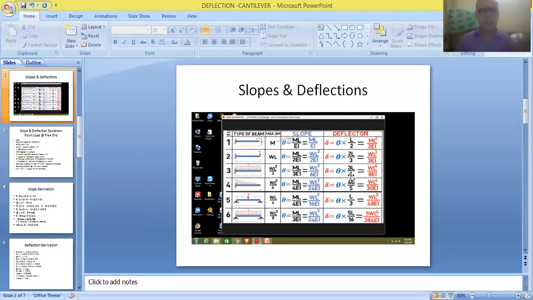Before that, we obtained the values for a point load acting on the cantilever. The slope value is obtained as WL square by 2 EI, and the deflection value as WL cube by 3 EI.